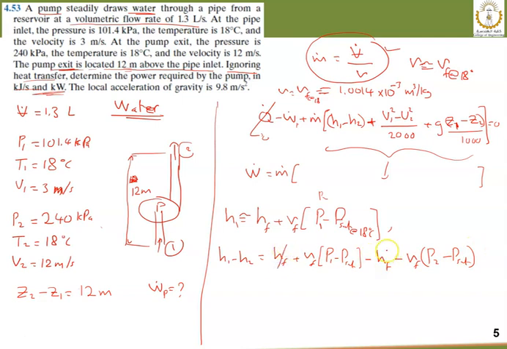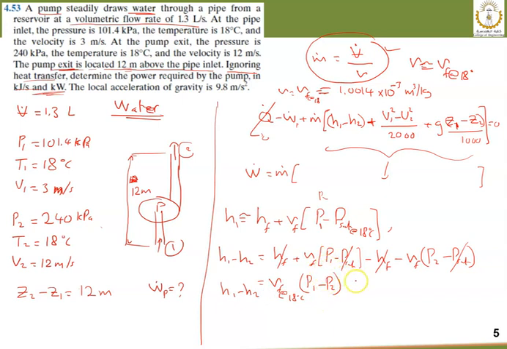The hf cancels with this one, and vf P sat will be positive there and cancels with this. Then what is left is vf at 18 degrees centigrade times P1 minus P2. This is H1 minus H2.